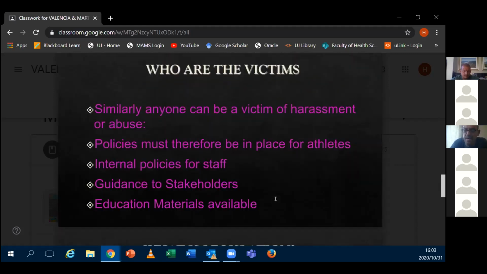Heather, it can be a lot more innocent and not intentional, and a lot more subtle than what we've all got in our minds at the moment. For example, just a careless word from a coach, like, if you just lost a little bit of weight, you'd be a little bit faster, or something along those lines. With the age groups that we're dealing with, these children are very, very susceptible to psychological trauma caused through something like that.